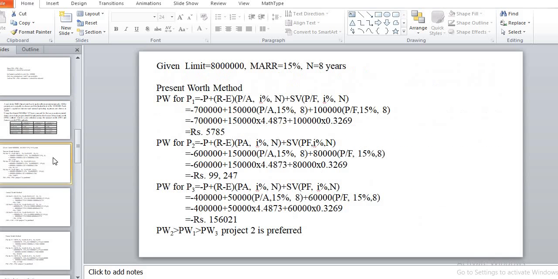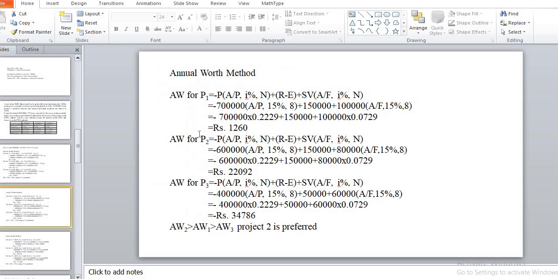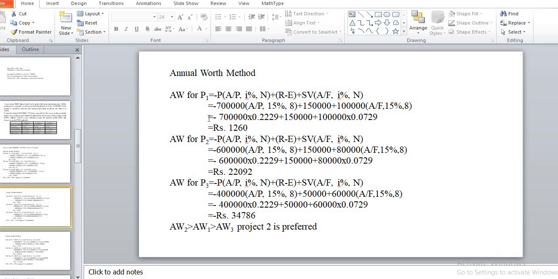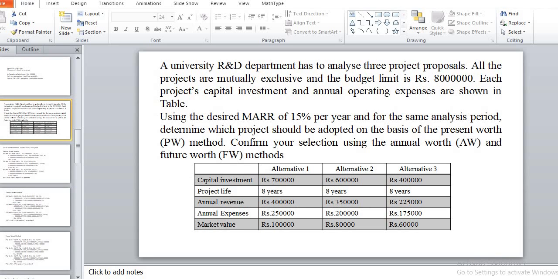For the first project, this investment is 7 lakh. Revenue minus expenses is 1,50,000.